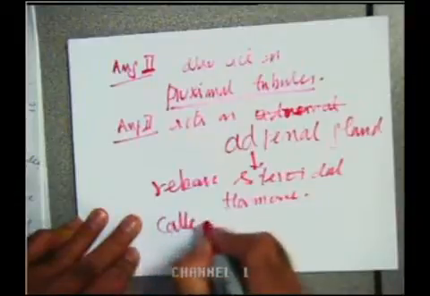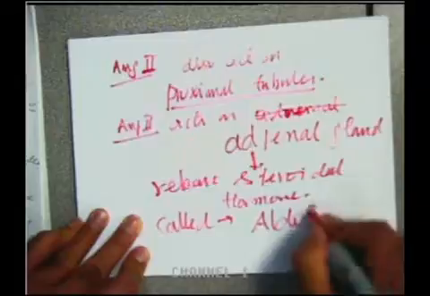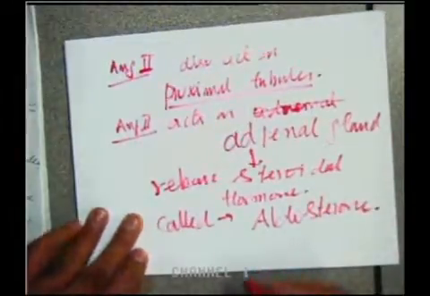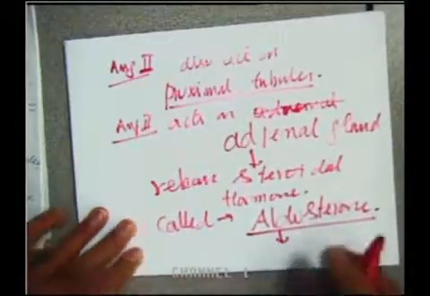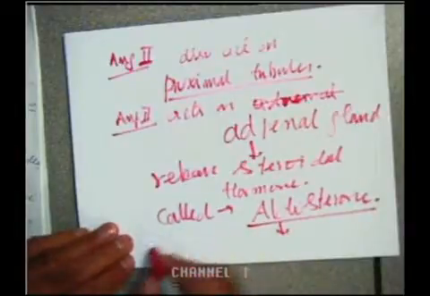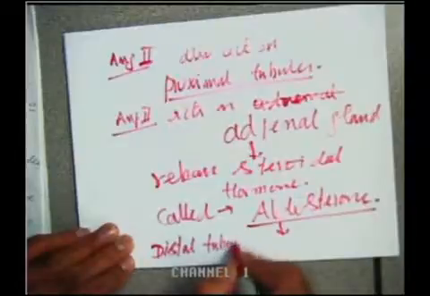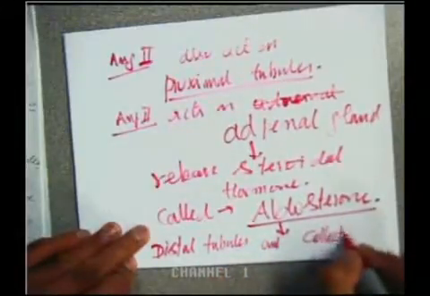What type of steroidal hormone? Aldosterone. Aldosterone synthesis. And this aldosterone will act on distal tubules and collecting duct.